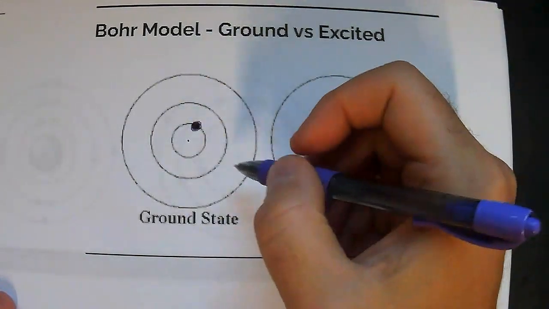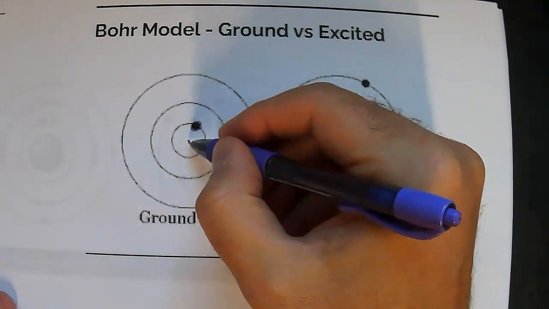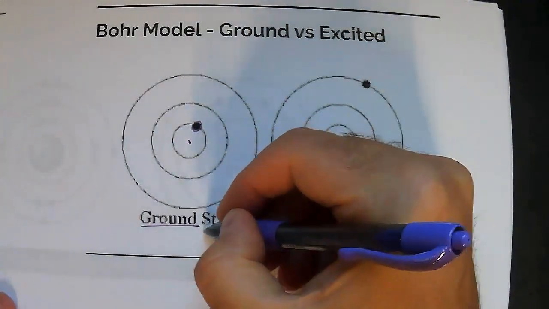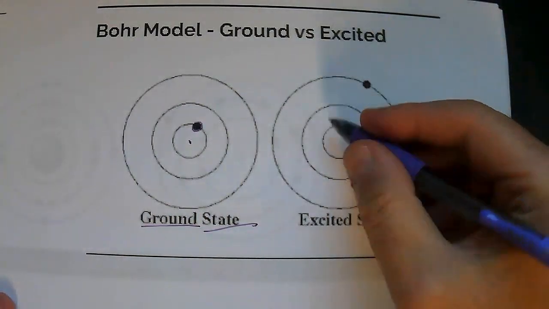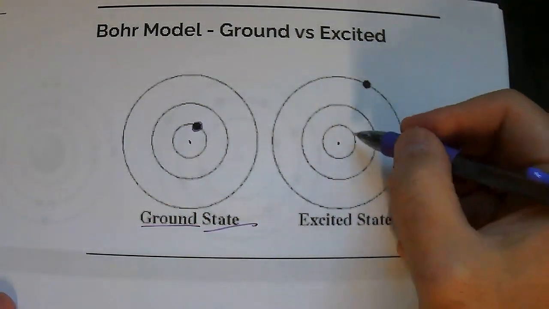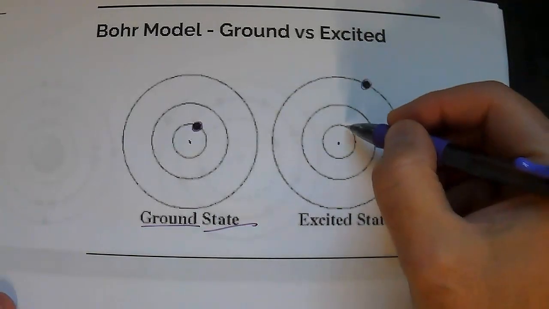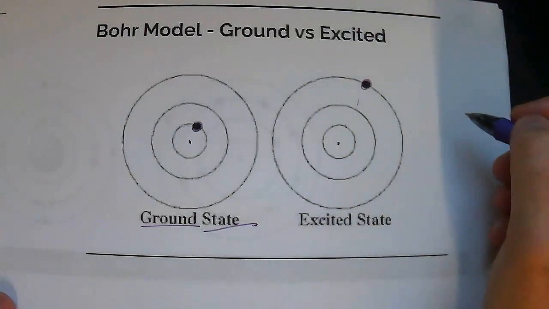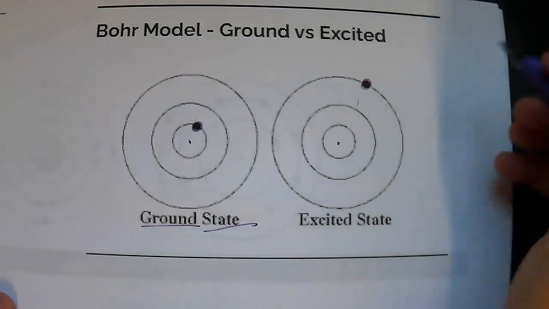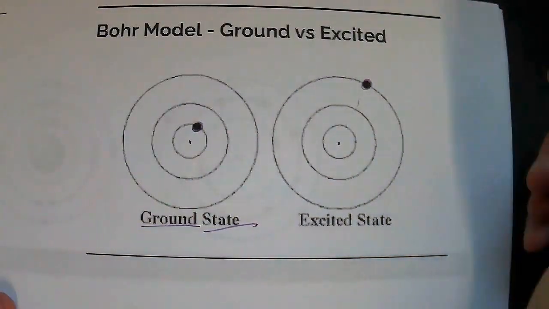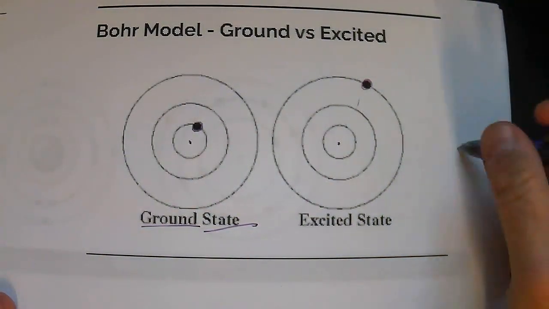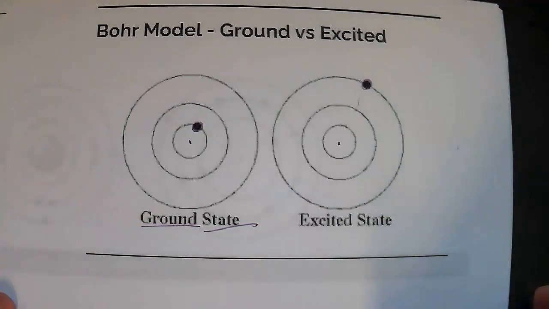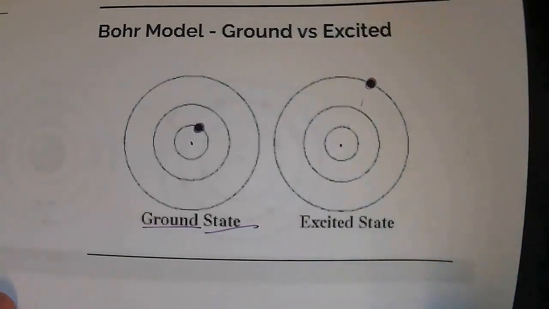We have a little nucleus in here, and this electron is closest to the nucleus. That makes this the ground state. Here we have an excited state because this 1 electron isn't here, but moved up to here. So we can see ground state and excited state in terms of this.